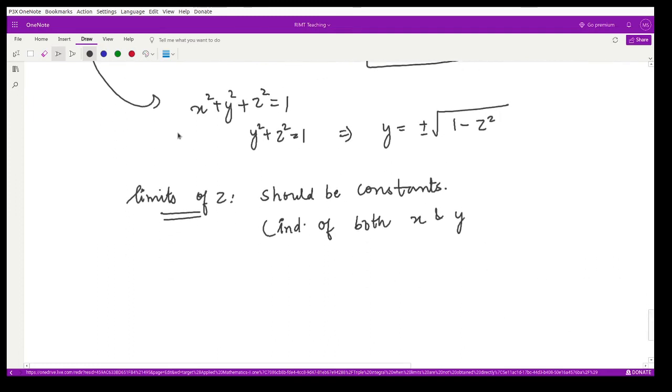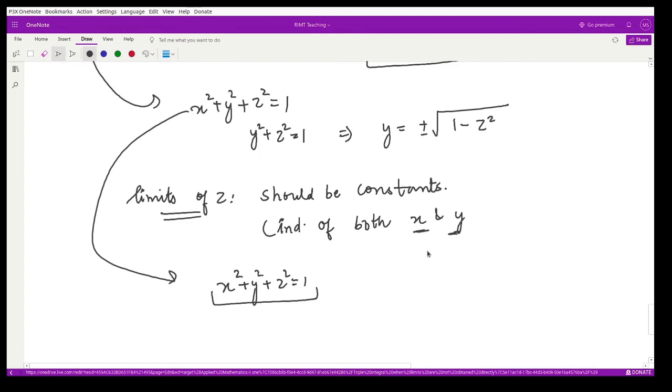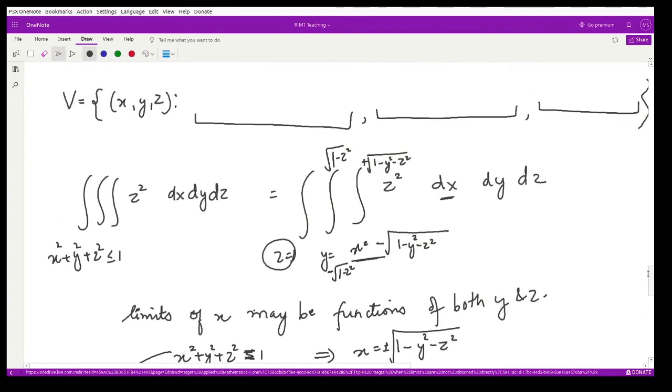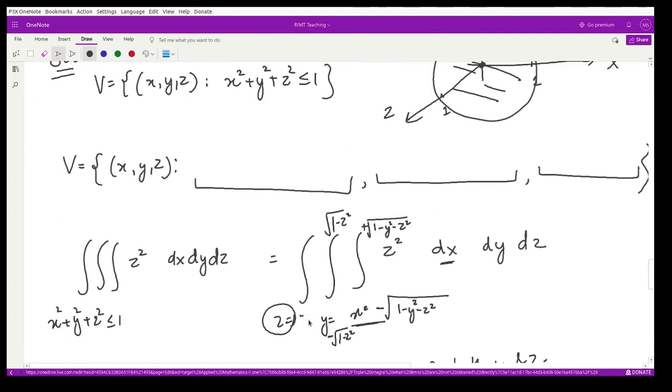So if you take this surface again, x square plus y square plus z square is equal to 1, and you want it to be independent of both x and y, then you will take z square is equal to 1. So you will have z is equal to plus minus 1 from here. So that is your limits: the value of z is minus 1 here and plus 1 here. So this is how you define the limits.